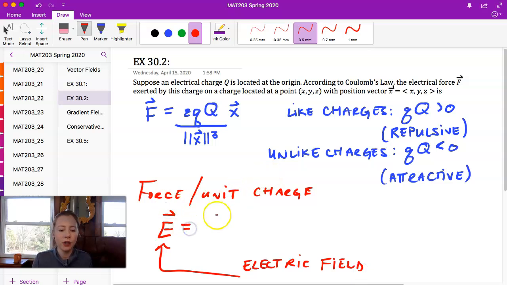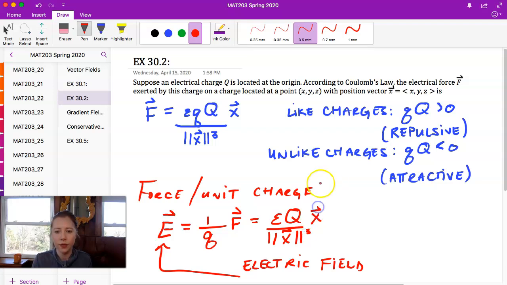And per unit charge would be 1 over little q times F. So we're just dividing through by little q. And so you often see it written as epsilon big Q over the magnitude of our position cubed in the position vector direction.